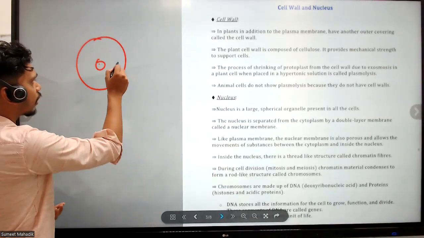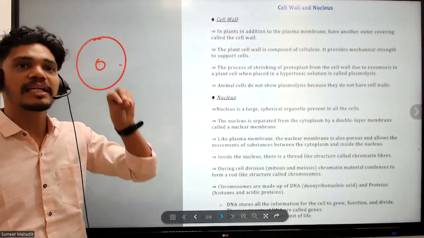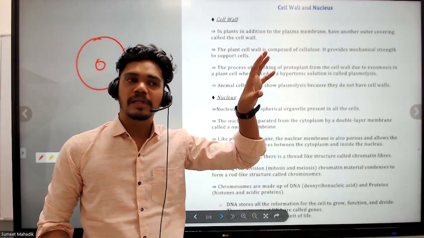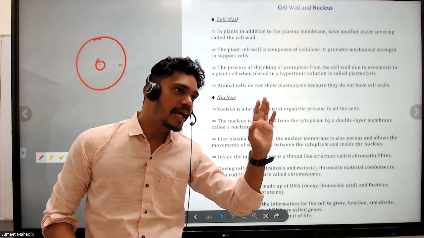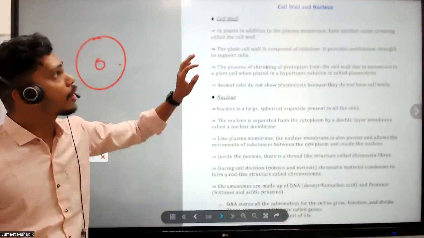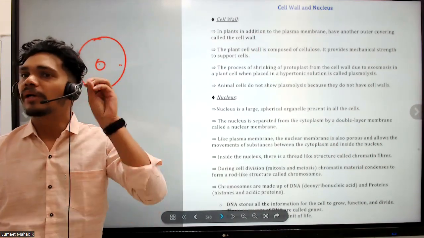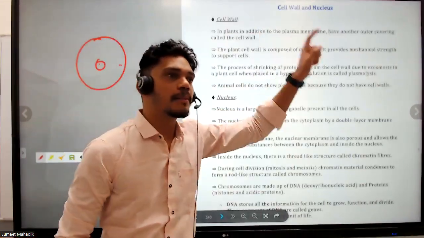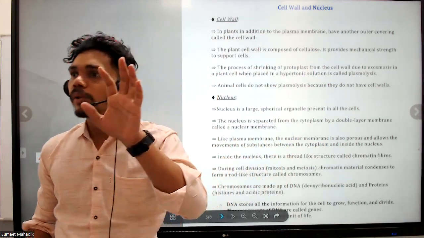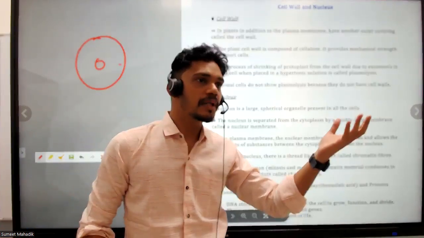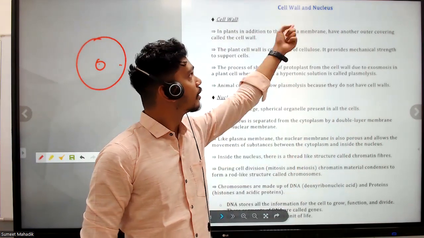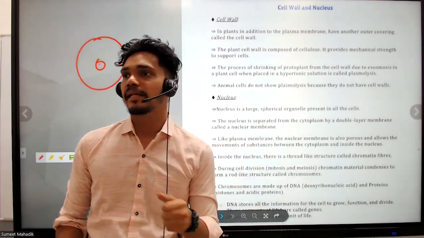Now, when I'm talking about the cell, I have to study the cell. You are aware of the animal cell and the plant cell. Now we're going to talk about the organelles. What is an organelle? What is the composition of the cell? You are aware of the cell wall and the nucleus, but what else is there beyond that? There are some organelles found in the cell.